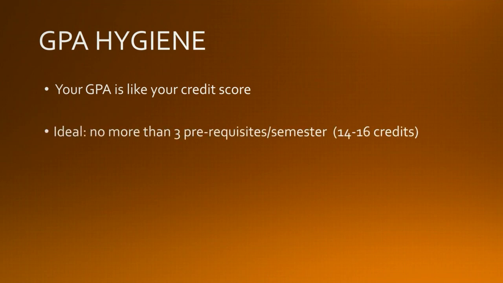First and foremost, I would say don't take any more than 3 prerequisites per semester if you're in a typical semester of 14 to 16 credits. If you're taking any more, you might want to also consider tailoring it back just depending on the amount of time you're going to have available to you.